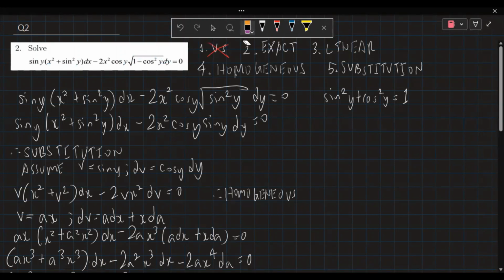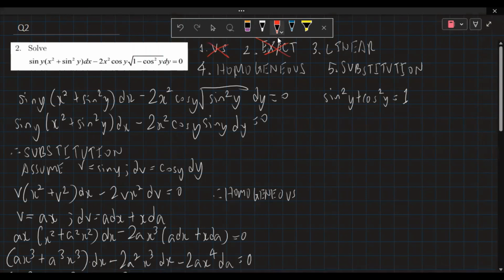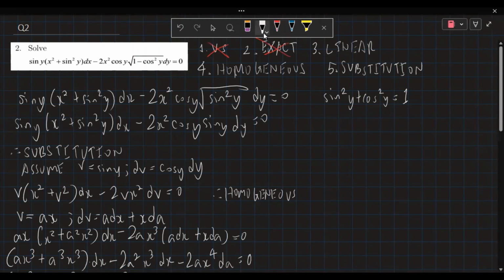Even if you need the particular test for exactness, which is the partial derivative of M in terms of y equals the partial derivative of N in terms of x, you have to solve for that. Once you've practiced enough, you can mentally differentiate enough to know it will not work. So you don't have to waste too much time, since time is precious during long quizzes.